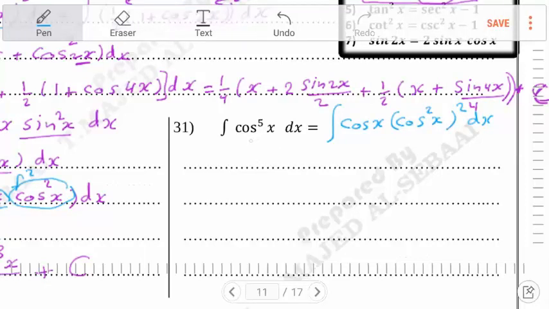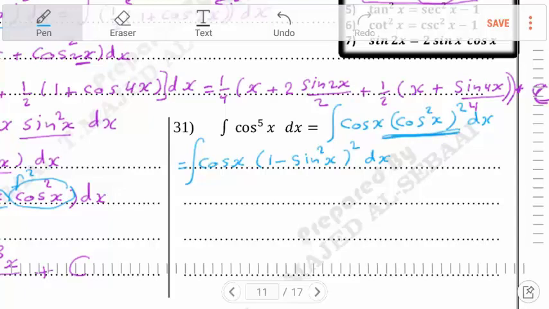Okay, equal integration of cosine x. Now, cosine squared x is 1 minus sine squared x, all squared. I need you to understand this.